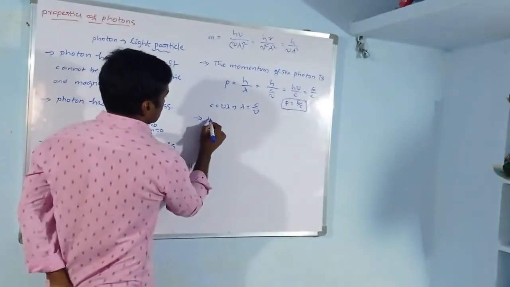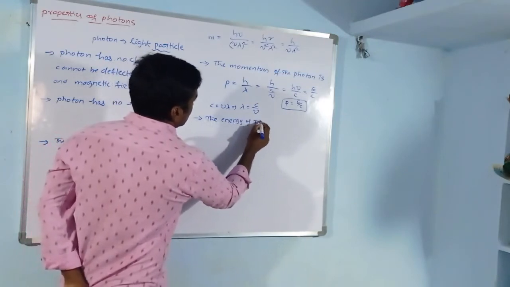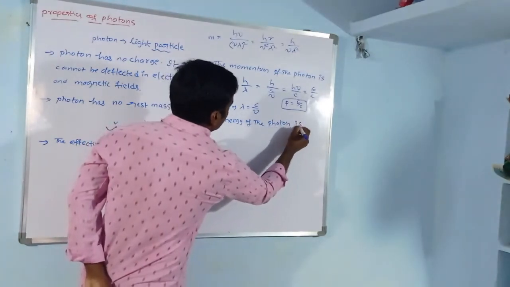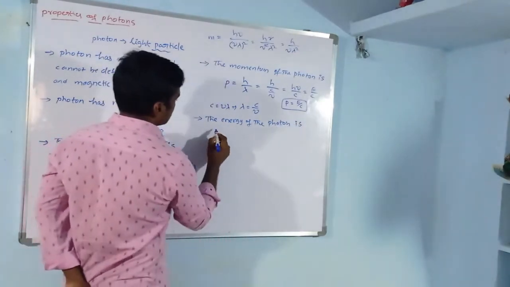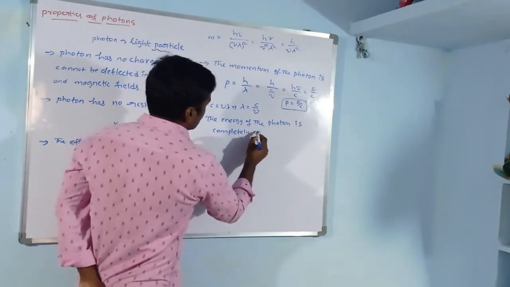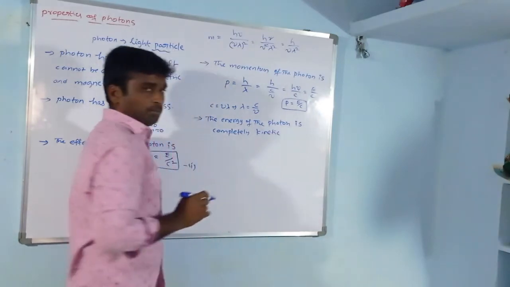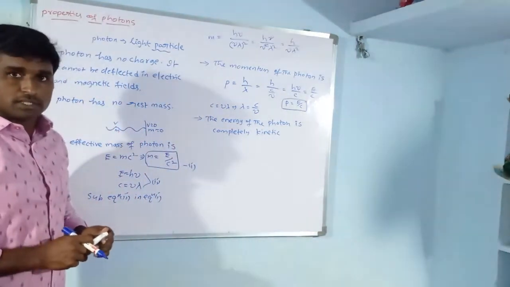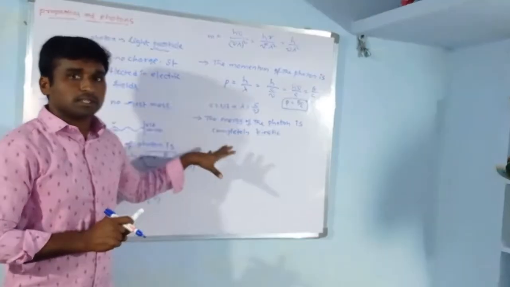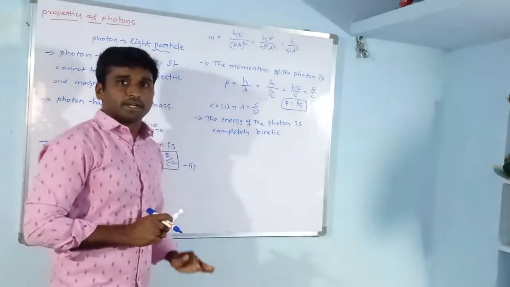Next, the energy of the photon is completely kinetic. Completely kinetic means it has no potential energy, because the photon is always in motion. So the energy of the photon is completely kinetic.